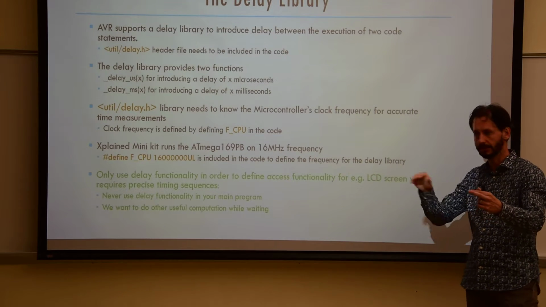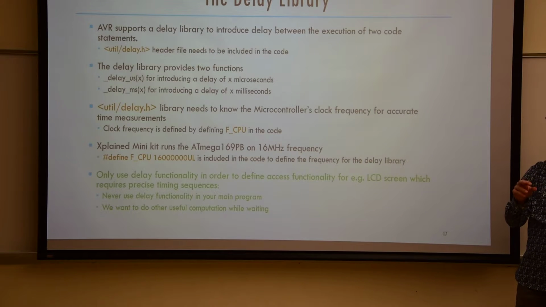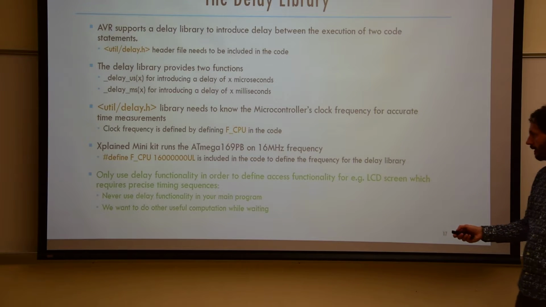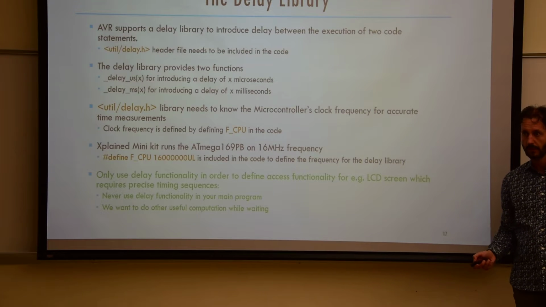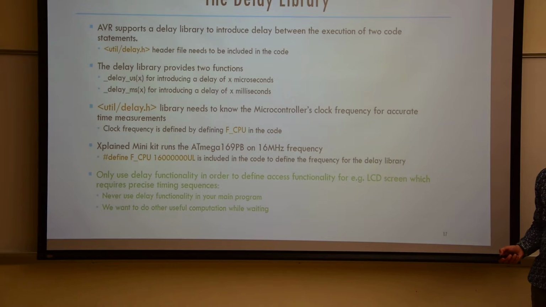According to the spec of the LCD screen, I need to wait till the hardware has settled for at least a certain amount of microseconds. So you will notice that in this library, later when we talk about that, you will need to wait for a certain small amount of delay here and there. And later on, when we talk about ISRs, we will remove that delay functionality. So that will be quite interesting.